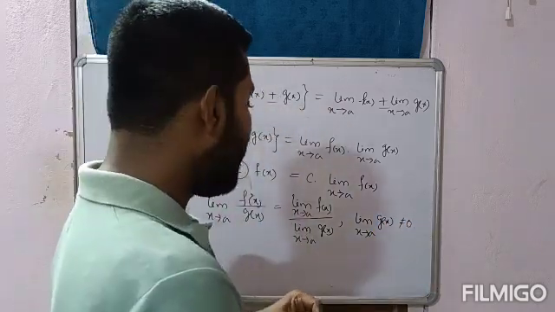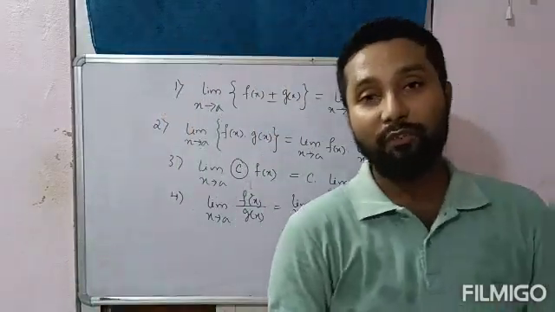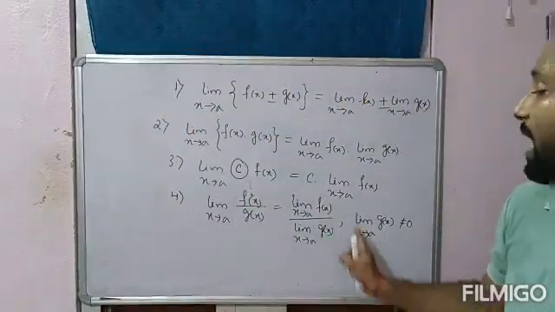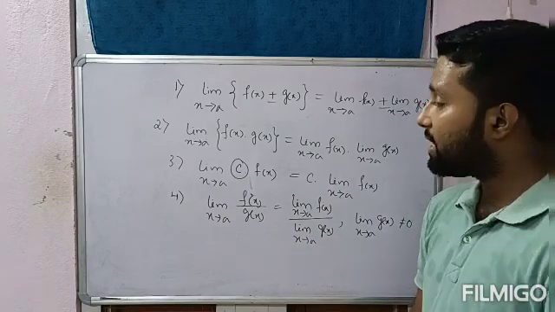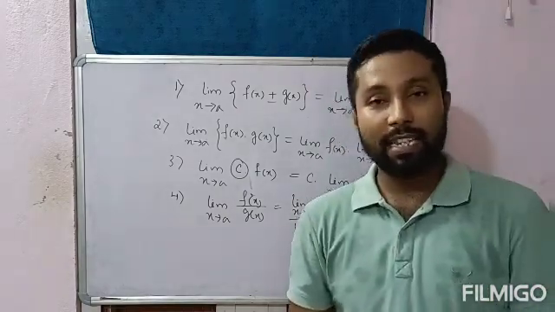Why? Because if the denominator will be 0, then the complete function will be undefined, complete solution will be undefined. Okay. So these are the four fundamental theorems on limits.